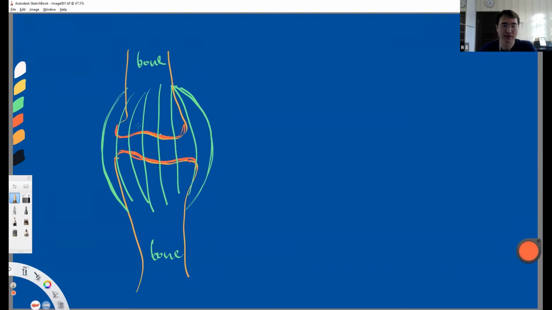Also, where we have cartilages is, for example, our nose. You know that our nose looks something like this, and here we have numerous cartilages that create this form.